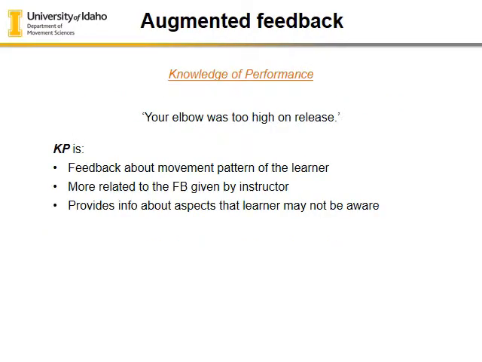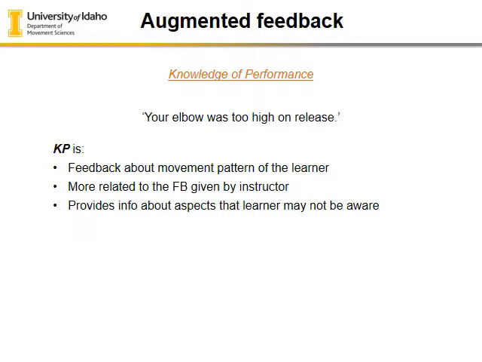With knowledge of performance, it's talking about some sort of pattern in your motion that was either correct or not correct, such as your elbow being too high at release, or the positioning of the ball. It's very important to notice that knowledge of performance can come in both external and internal cues. One thing you may want to focus on is whether you're using body and internal cues versus external cues, and which one is more effective in the process.